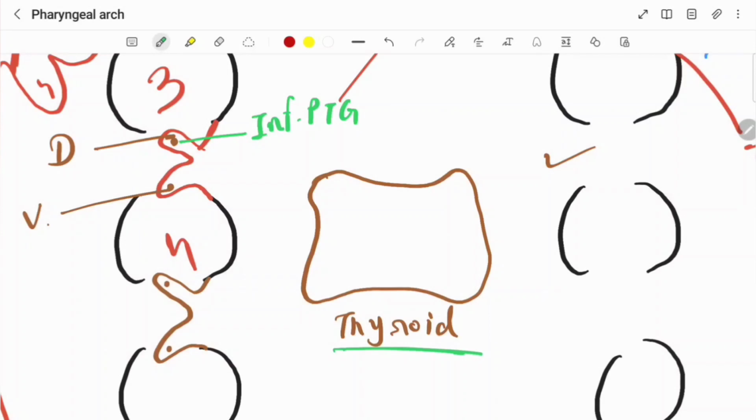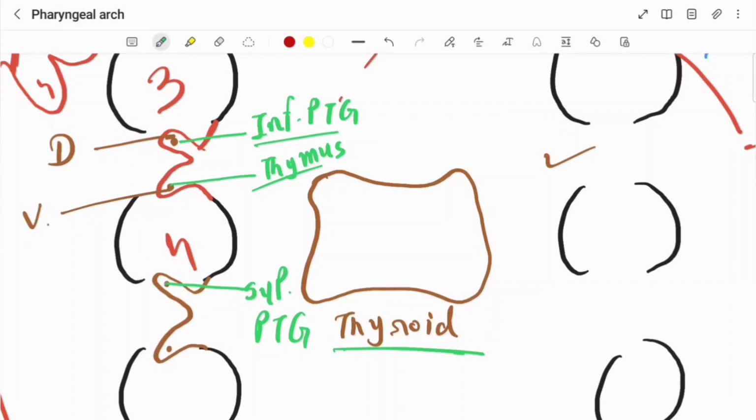This is your thyroid gland, and just near to it, the dorsal wing of the third pharyngeal pouch will give rise to the inferior parathyroid gland. And the ventral wing will give rise to superior. No, it will give rise to the thymus gland. And the dorsal wing of the fourth pharyngeal pouch will give rise to the superior parathyroid gland.